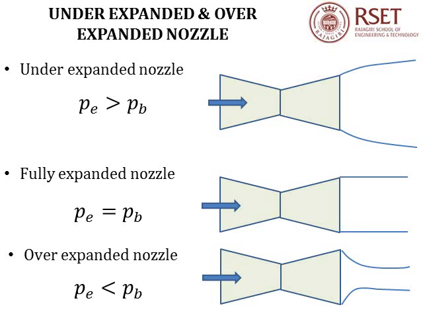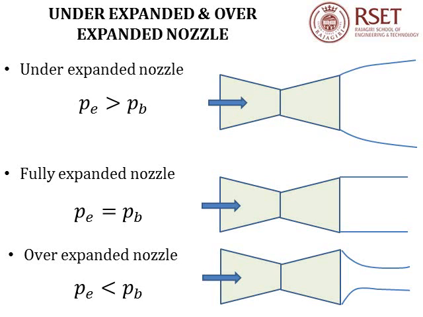First, let us see when the exit plane pressure is greater than back pressure. If such a condition exists, then the flow has to move into a low pressure region suddenly. For that, there will be a sudden expansion of the flow just outside the exit plane of the nozzle, because of which the flow diverges. We say that the nozzle has under expanded.